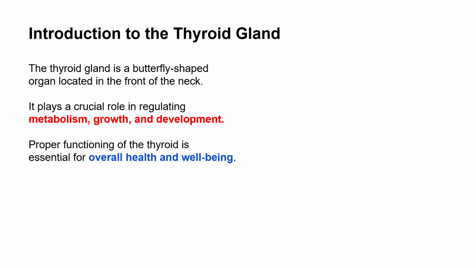Because whenever we have a problem with our metabolism, there will be a disease. Whenever there is a problem with our growth and development, of course, there will be no well-being. So that is why the thyroid gland is very important for proper function of our overall health as well as the well-being of an individual.